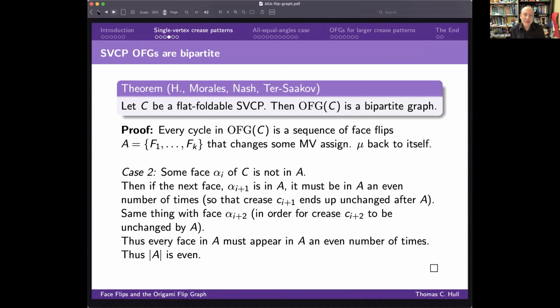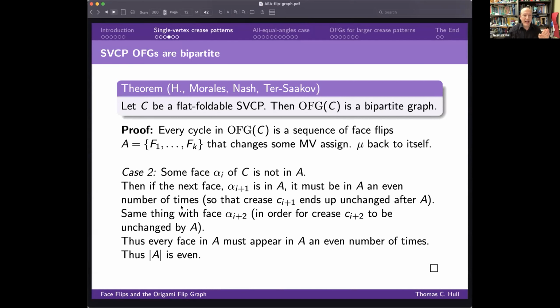Case 2 is, well, suppose some face of the crease pattern alpha I is not in A, my sequence of face flips. If that's the case, so alpha I is not flipped, then the next face next to it, alpha I plus 1, must either not be in A as well, or it must be in A an even number of times.